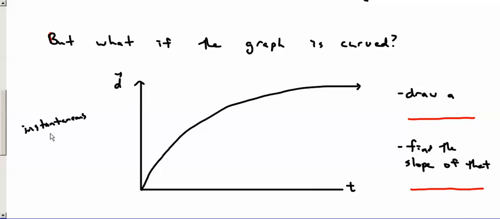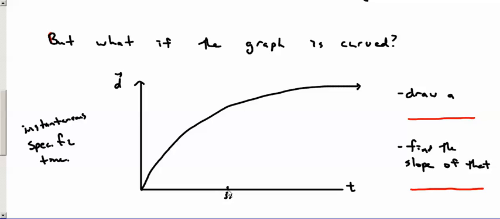So this is for instantaneous first. Like I said before, I will get a specific time in the question. Let's say that it's at this time right here, at let's say 5 seconds.